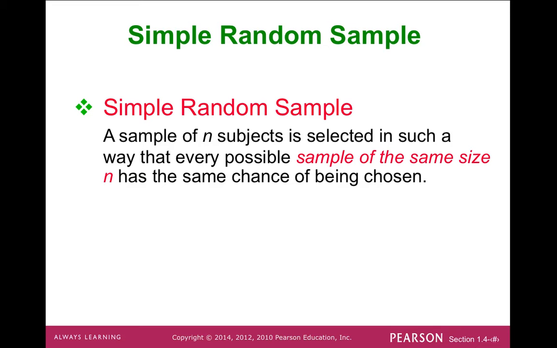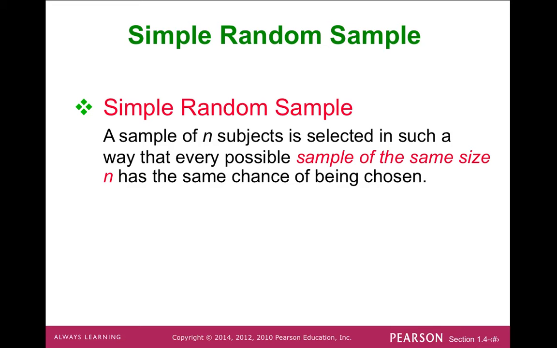So for instance, when you're reading the sentence, the letter n is meant to stand in for a number. It's the number of subjects that you're going to study. So rather than use n, let's use 100. Because again, n stands for the number of subjects being studied, and you certainly could have a study where you're looking at 100 subjects.